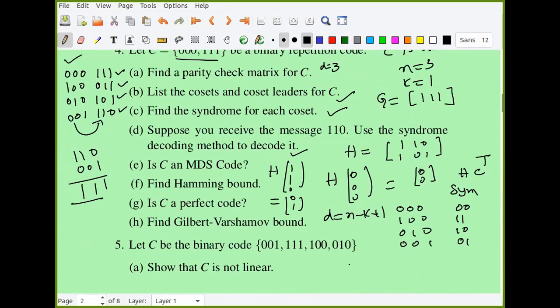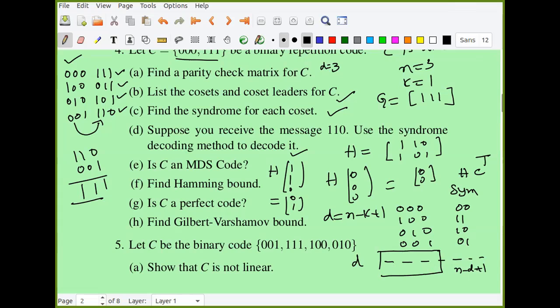For example, the distance is d, and there are n places here. Then I remove d minus 1 positions, the first d minus 1 positions. What is the length now? It is n minus d plus 1. Are you following?